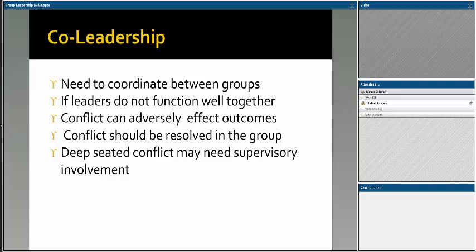Conflict can become an issue, and deep-seated conflict can become an issue as well. Any conflict that comes up needs to be resolved in the context of the group. If there are things that are problematic in the group, the best resolution is usually to have those resolved while you're actually in the context of that group.